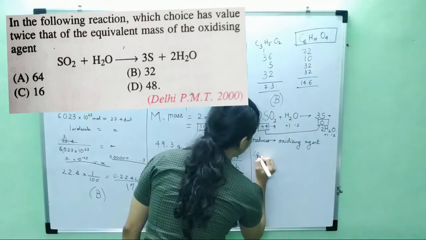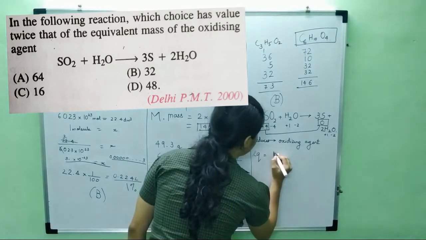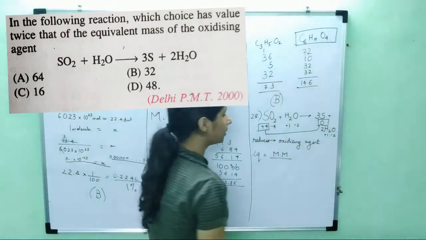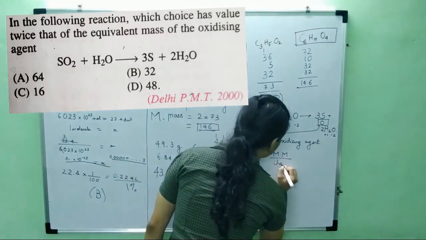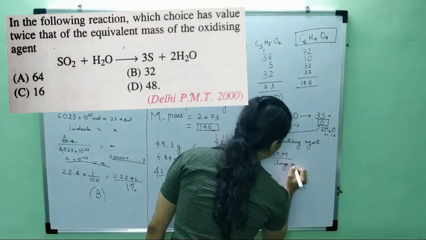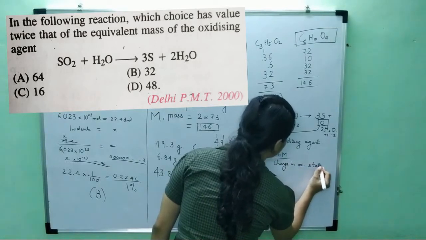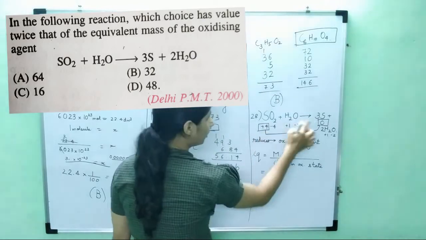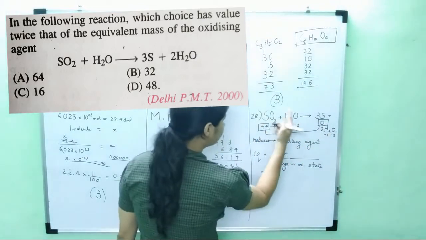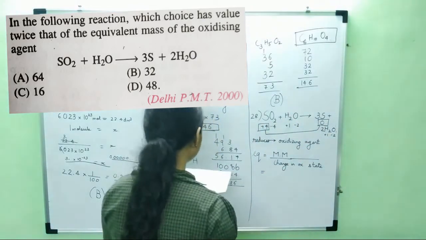What is the formula for equivalent mass? Equivalent mass is molecular mass divided by, if you remember, for oxidizing and reducing agents, the change in the oxidation state. So if it goes from +4 to 0, the change is 4 minus 0, which is 4. What is the molecular mass of the species?